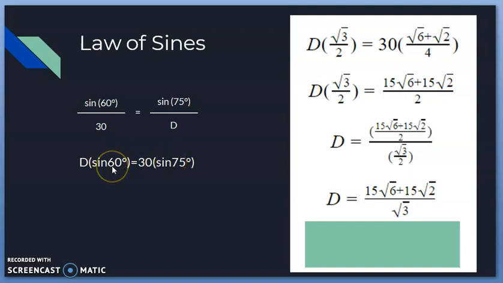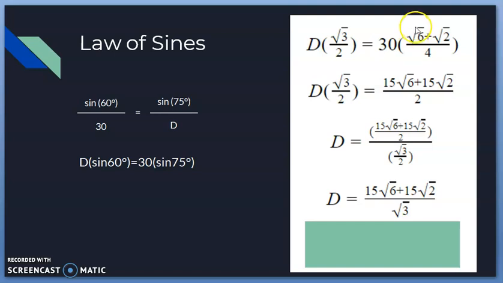Sine of 60 degrees is a special angle. This means that D times root 3 over 2 can now be the way this is written. And the sine of 75 degrees is not a special angle. However, you can easily find the value by putting sine of 75 degrees into a calculator, and make sure it's on degrees mode in order to find this.